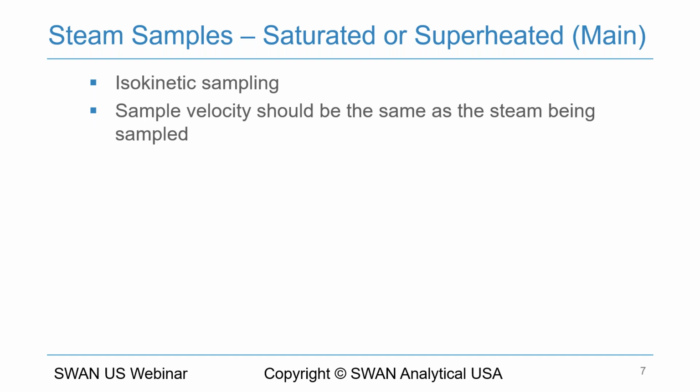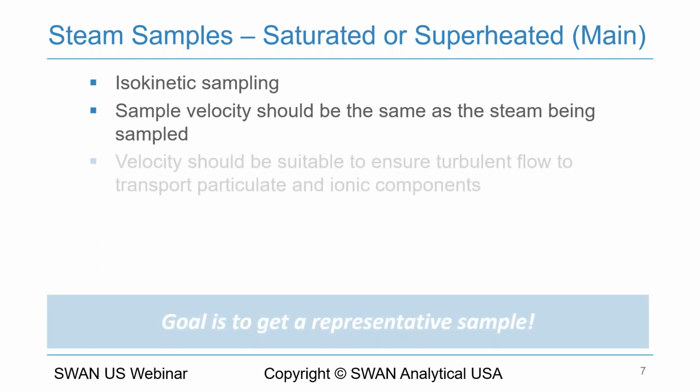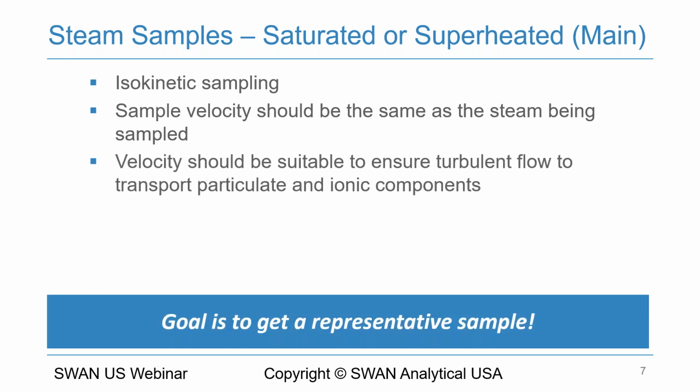We want to transmit that steam at the same velocities that the steam is actually processing through the system at. The velocity should be suitable to ensure that we have turbulent flow, so that when we're transporting it, the particulate and ionic components that are in the solution remain in the solution.